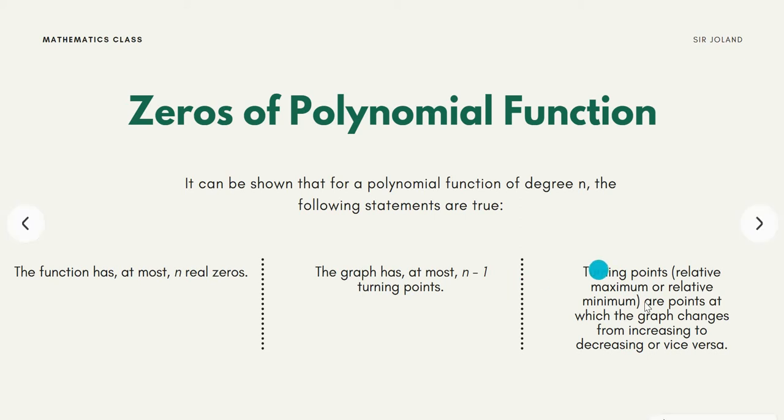Okay, now, sir, ano nga ba ulit yung turning points? So, turning points, relative maximum or relative minimum, are points at which the graph changes from increasing to decreasing or vice versa. So, ito yung time na nag-shift na, no? Kasi dahil nagte-turn siya, so it's either pag lumiko yung ating graph, pwedeng pababa siya, or pwedeng pataas na yung graph natin.